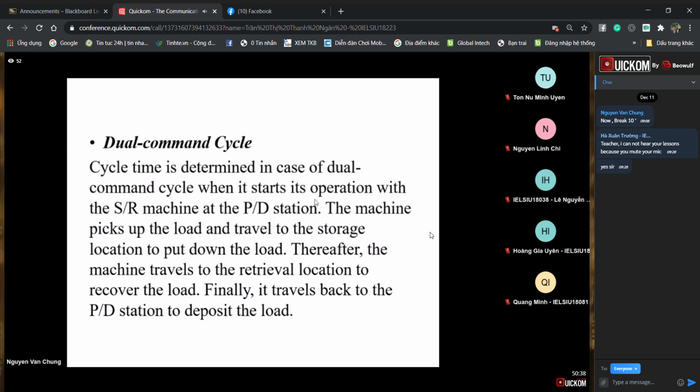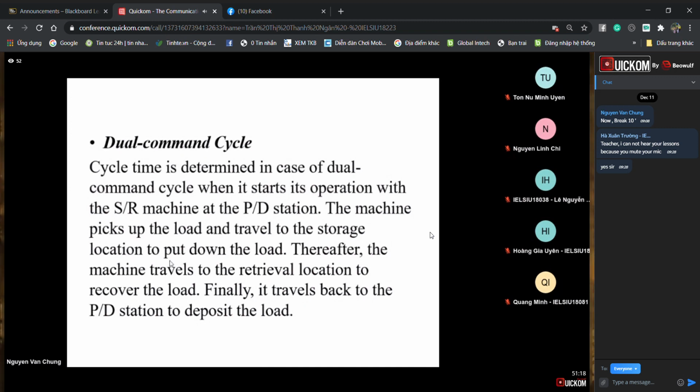It starts its operation with the machine at the P/D station, picks up the load, and moves to the store location to unload the load. Thereafter, the machine travels to the retrieval location to recover the load. Finally, it drives back to the P/D station to deposit the load.